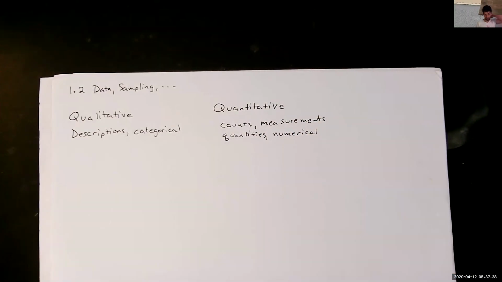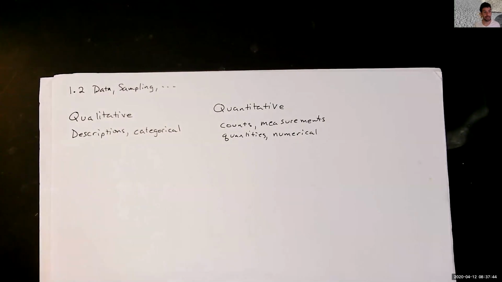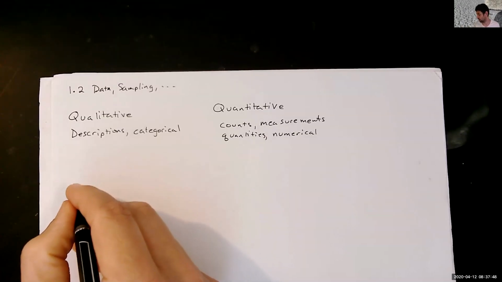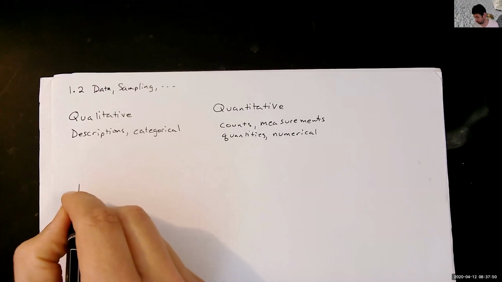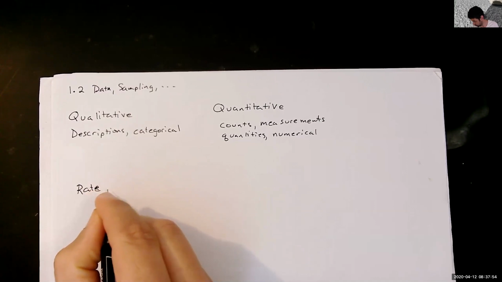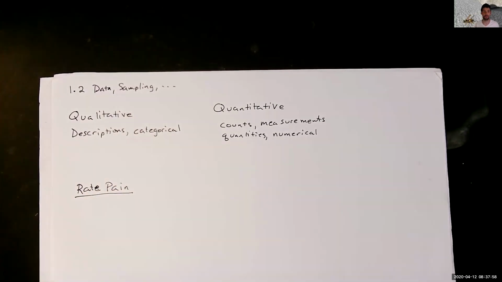Okay, so let's just do a couple of quick examples, right? So for instance, let's say a doctor maybe is surveying patients about a procedure, and they often ask people to rate pain, right?